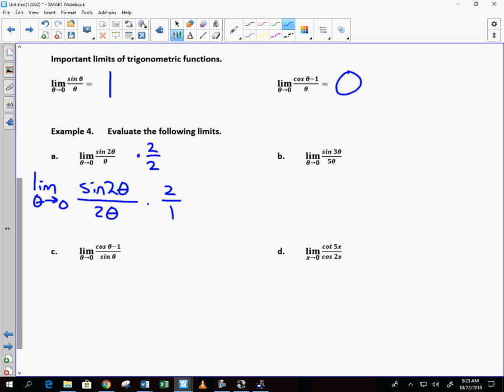Okay, so what I did in this scenario is I used the commutative property of multiplication. I put the 2 over with the theta, which left me with a 1 right there. And so I get this.